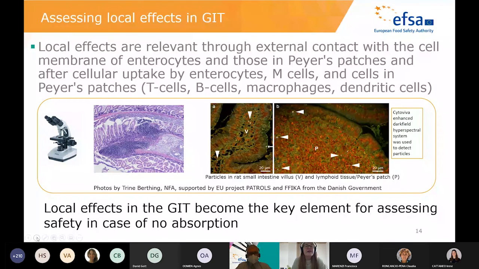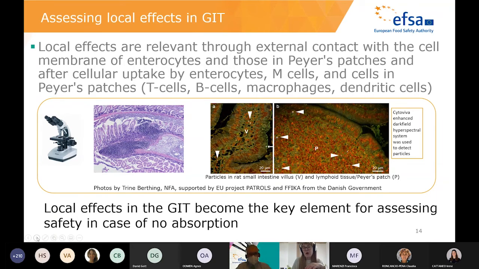So we continue in assessing the local effects in the GIT, which are very important for small particle, nanoparticle materials. Local effects are relevant because we have external contact with the cell membrane of enterocytes and modified enterocytes on Peyer's patches, but also the material is coming into the wall, and maybe it is trapped if there is no absorption.